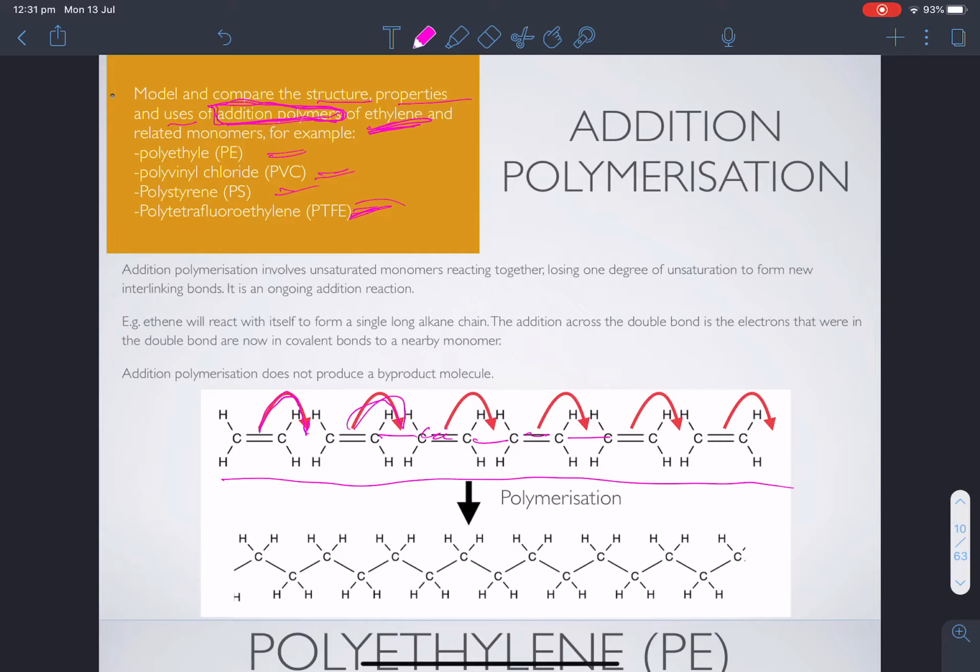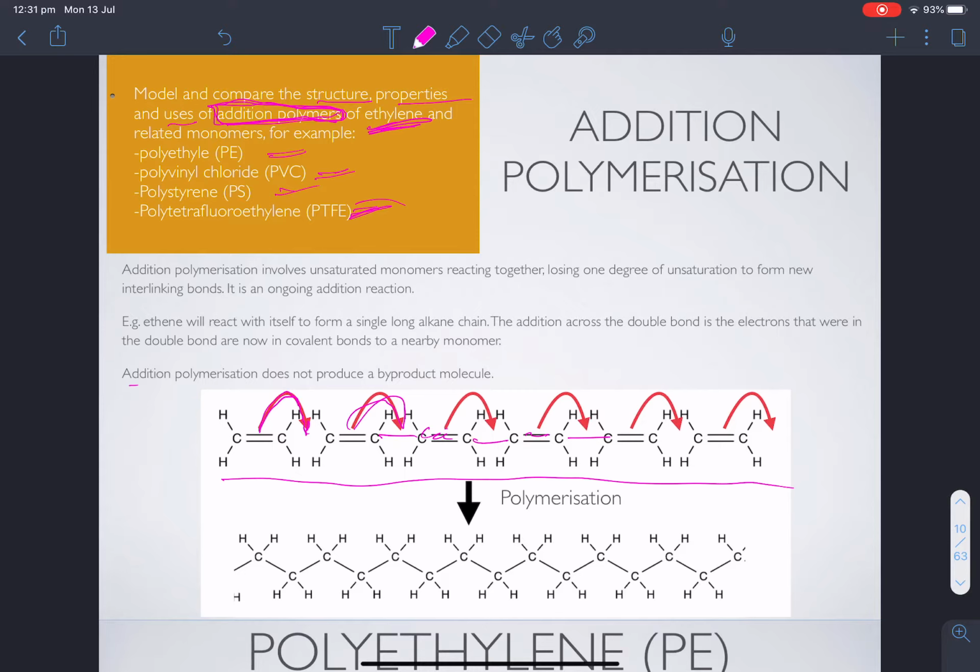So you form an alkane chain. So ethene will react with itself to form a single long alkane chain, and the electrons that were in the double bond are now in new covalent bonds between the monomers. So addition polymerization involves a double or triple bond, and those electrons now forming a new covalent bond between 2 adjacent monomers.